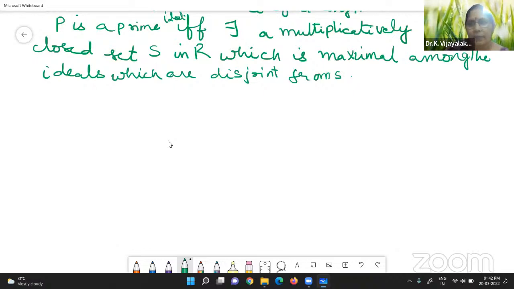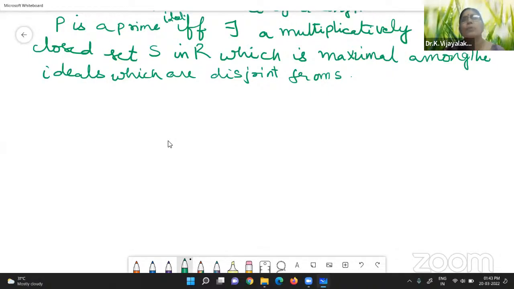Then you will definitely get how to prove. Given that P is a prime ideal. What do you mean by prime ideal? If P is a prime ideal, ab belongs to P implies either a belongs to P or b belongs to P.